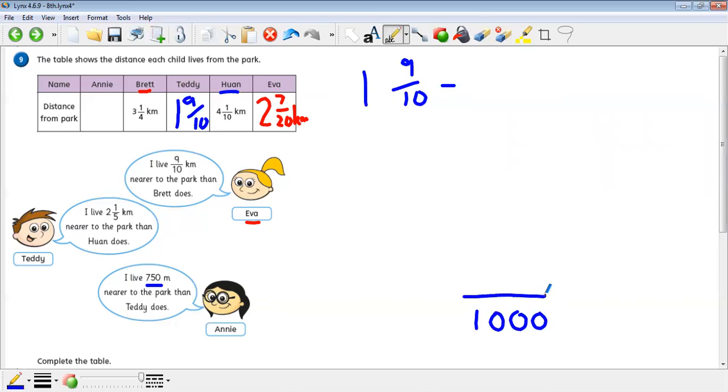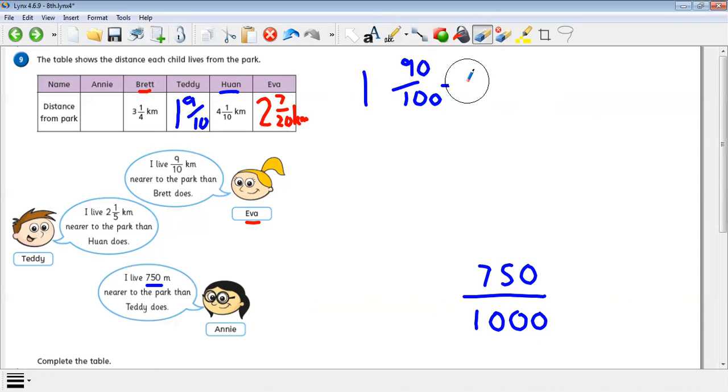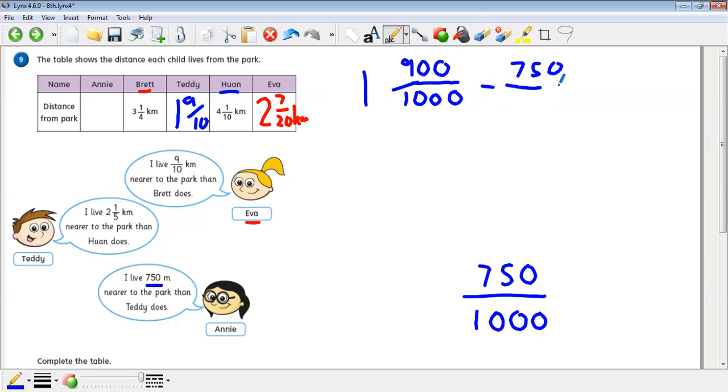So she is 750 out of 1,000 away. And if we're going to turn 9 tenths into something, our 10 can turn into 1,000. So if I make this 10 times bigger, and then I can make this 10 times bigger as well. And then I'm taking away this, like so.